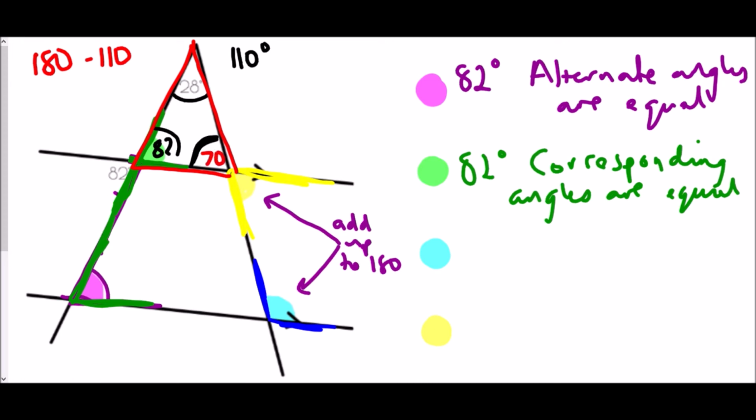And so my yellow angle, if we have a look at that, the yellow angle is vertically opposite, and therefore that one is also 70 degrees. And that is because vertically opposite angles are equal.